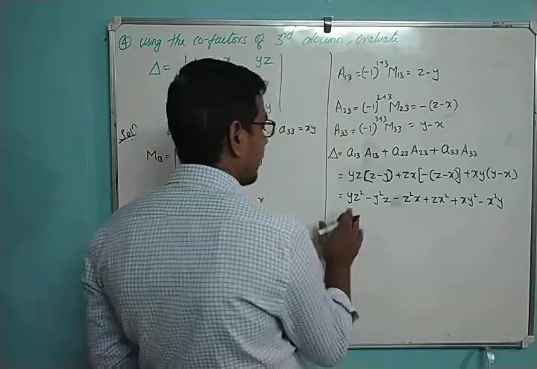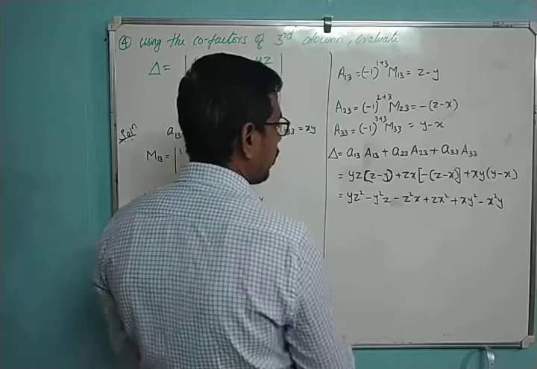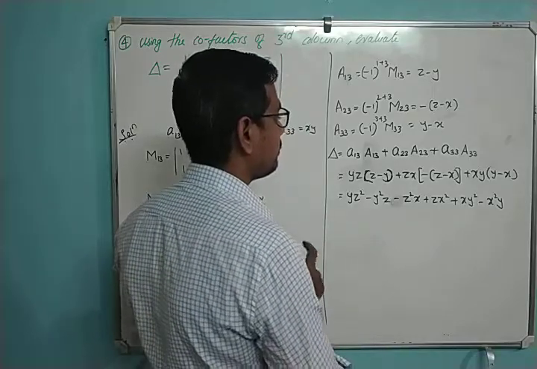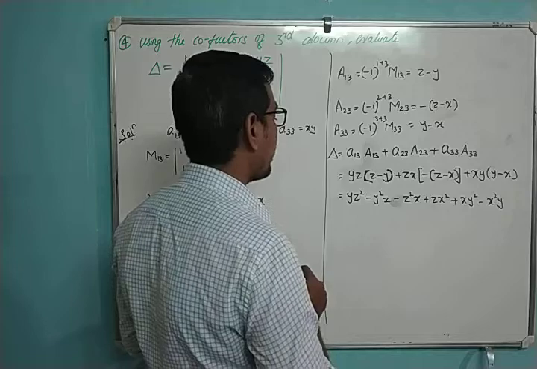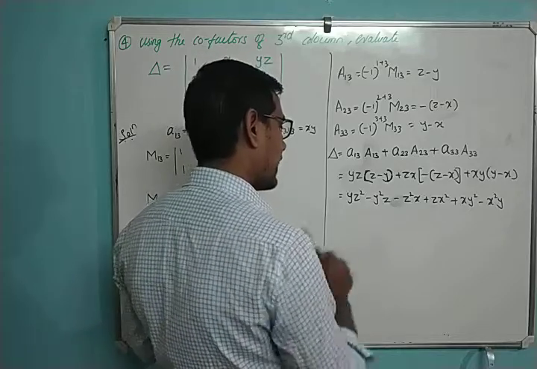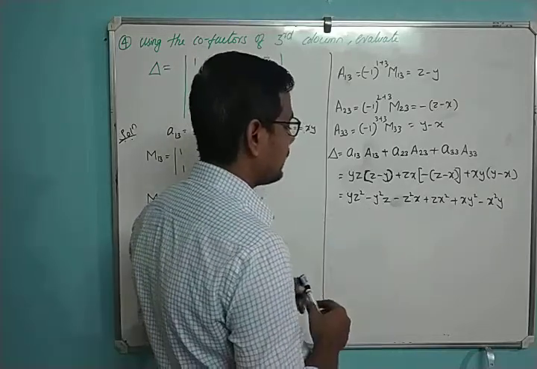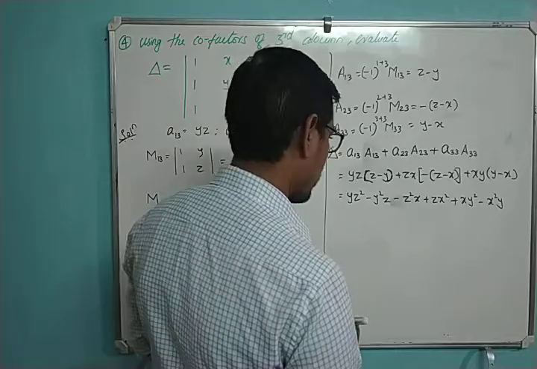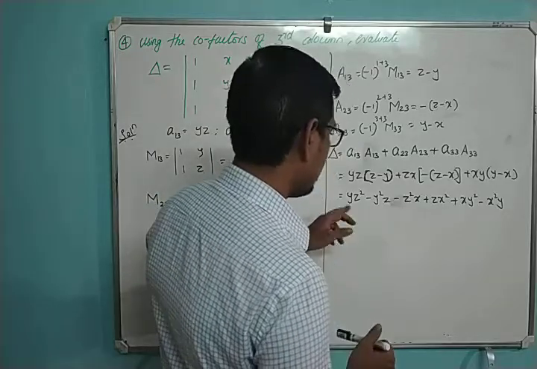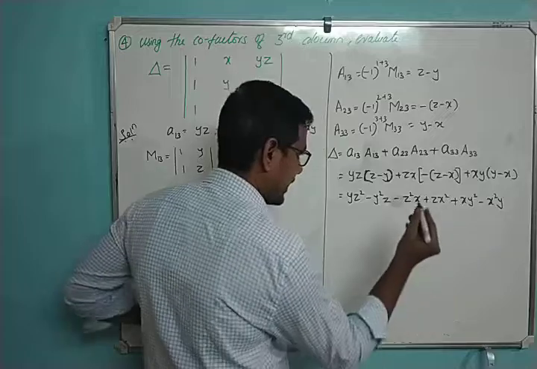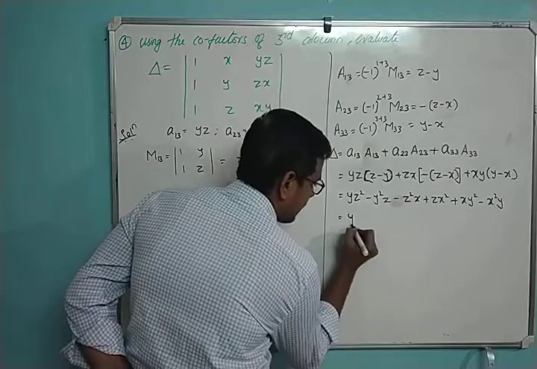So here if I take Y common, so what will be left? If I take Y common, so Z minus ZY, so let's not do that one. So I will rearrange this.